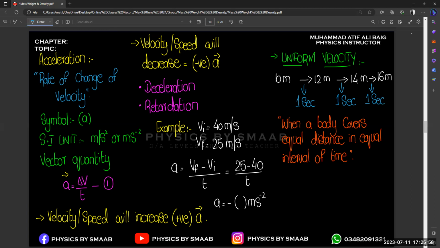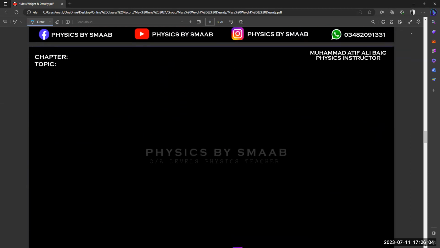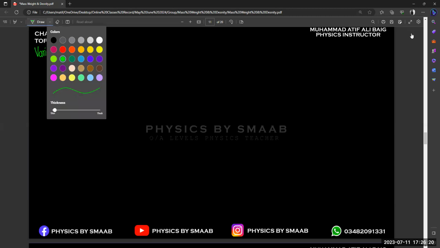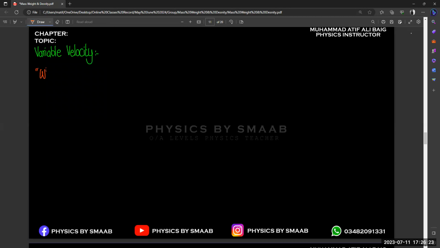Whenever you want to write about variable velocity or variable speed, the concept of variable velocity or speed is unequal distance, or you may also write does not cover equal distance in equal interval of time. So both are the possibilities.